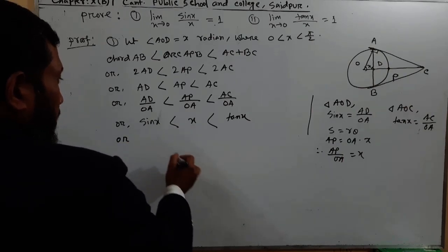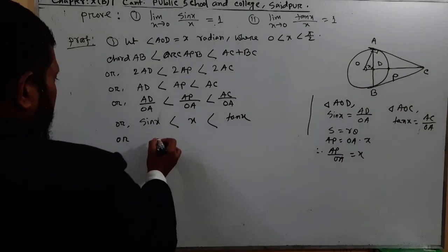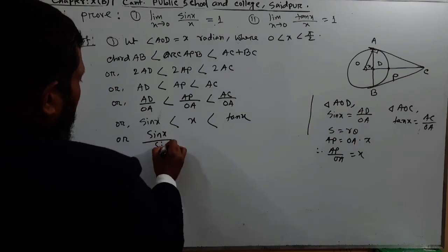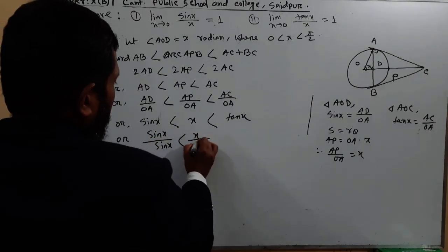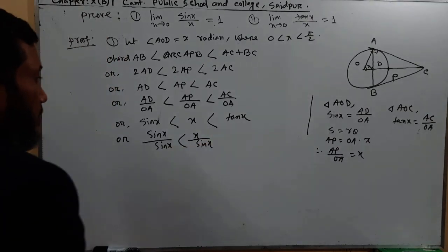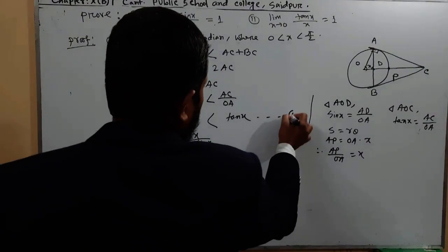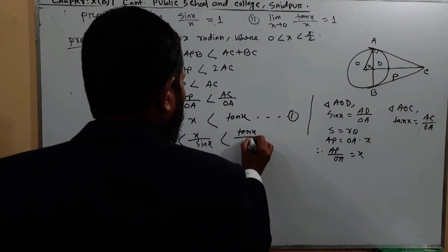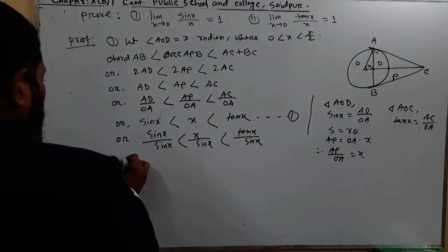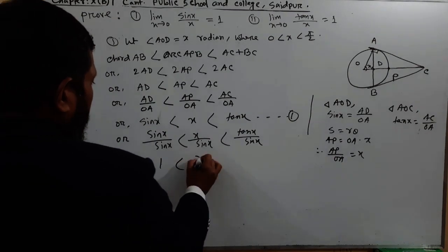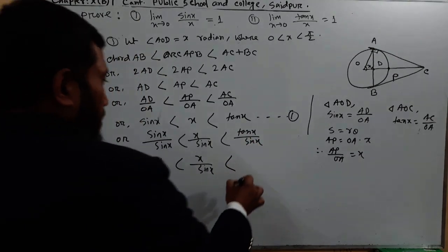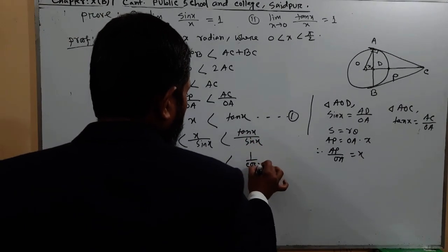Dividing both by sin x, we get sin x by sin x, x by sin x, and tan x by sin x. If we write this as equation number 1, and divide, we get 1, x by sin x, 1 by cos x.